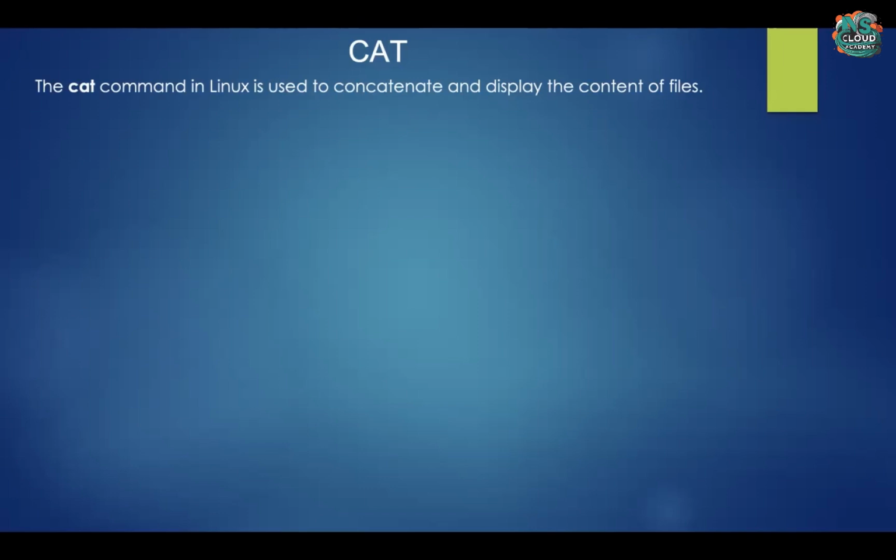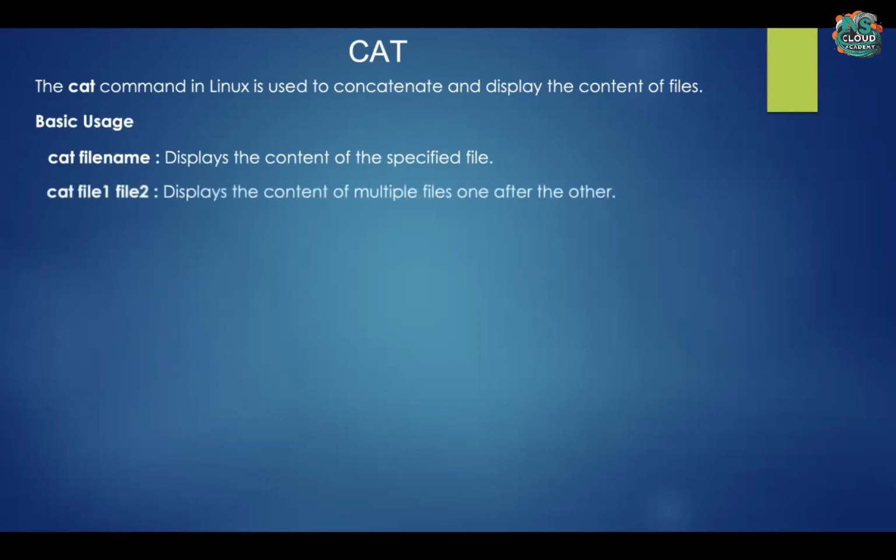Meaning you don't have to open that file, you can see the content outside of the file. So the basic use of this command is simple: cat and then the file name. It displays the content of the specific file. And if you have multiple files, you can also view that content, right?